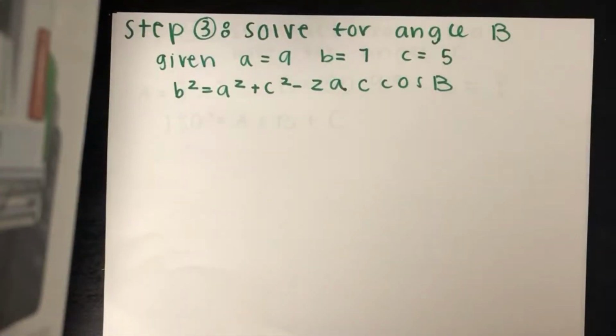So now we're going to solve for angle B, given a equals 9, b equals 7, and c equals 5.